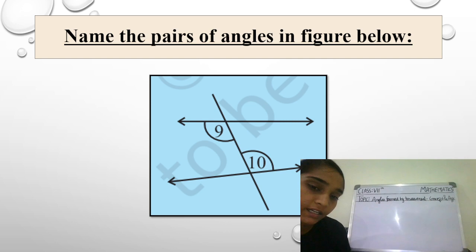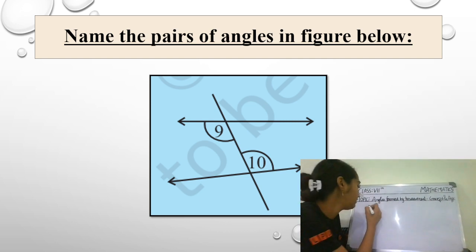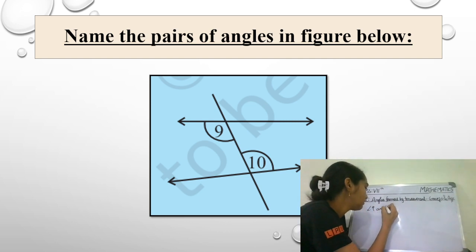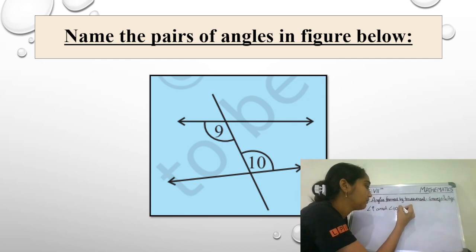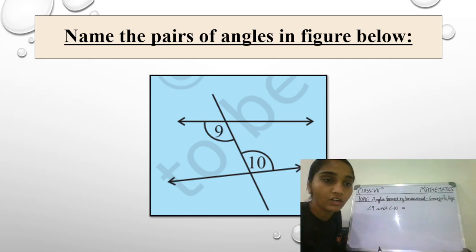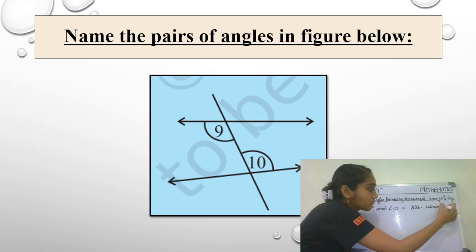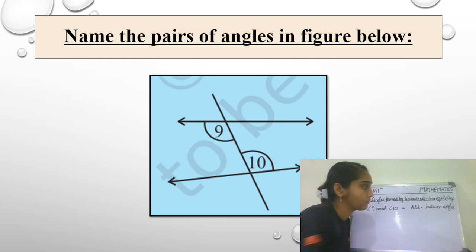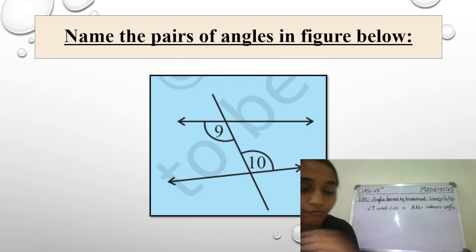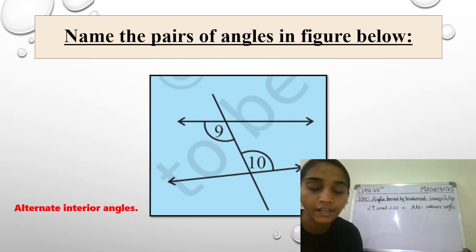If you are saying that angle 9 and angle 10 will be alternate interior angles, yes, very good. They will be alternate interior angles. You are absolutely correct, students.